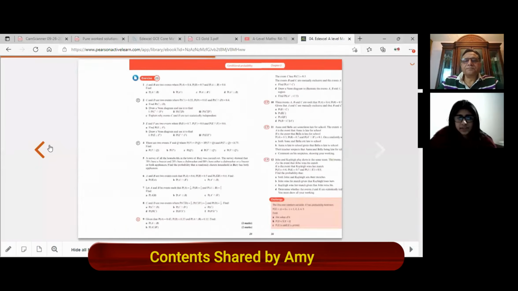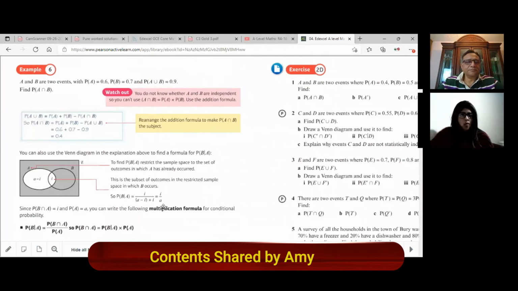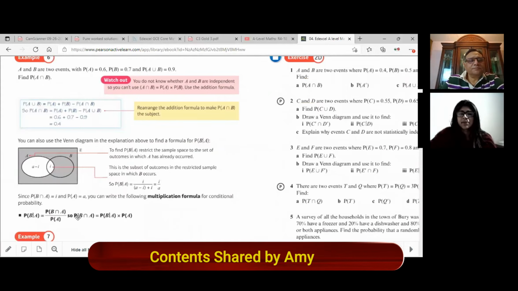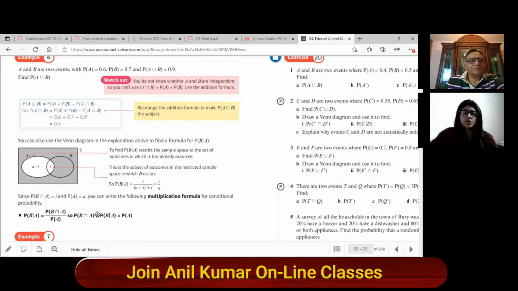Let me just quickly zoom in. I don't know if we covered example 6, but this is the formula that I was talking about. You said that you obviously draw it out, which is definitely more helpful, but the formula is also there if you like. It is easier sometimes when you get into a bit of a flow and you want to double check.